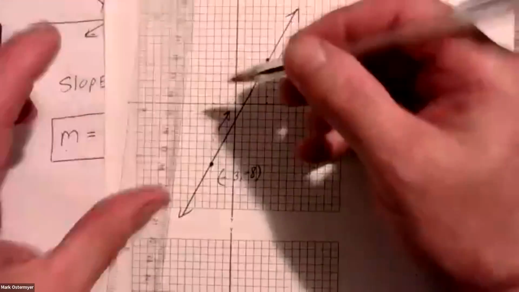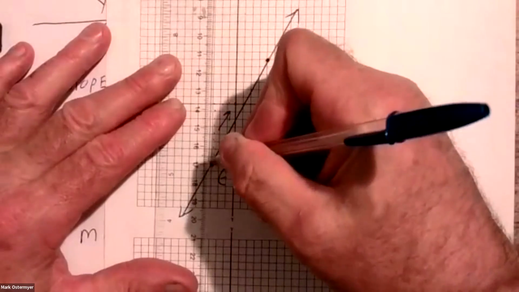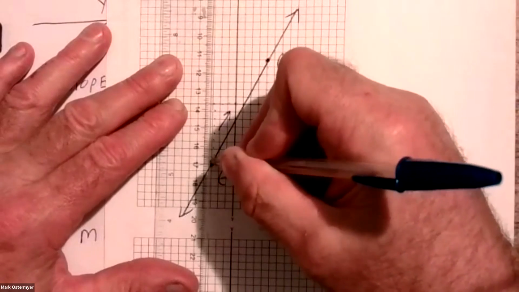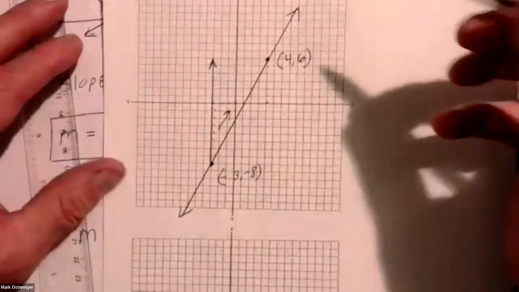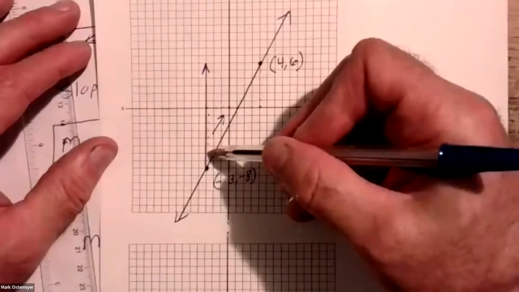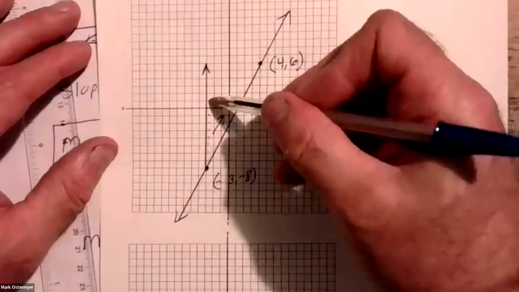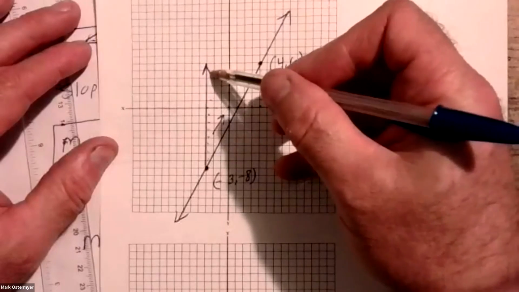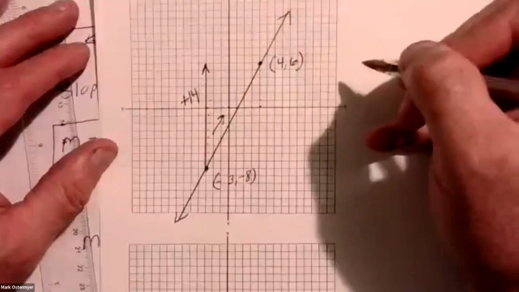Well, the amount of rise I would experience is going to be represented this way. That's the amount of rise I would experience. And how much rise is that? 1, 2, 3, 4, 5, 6, 7, 8, 9, 10, 11, 12, 13, 14. Plus 14 units of rise.